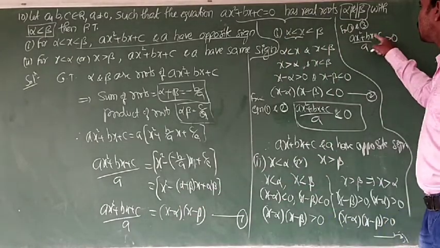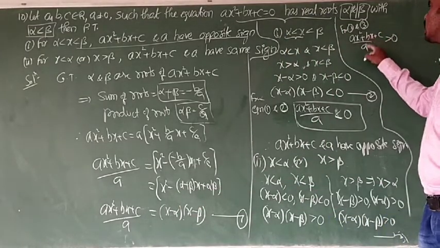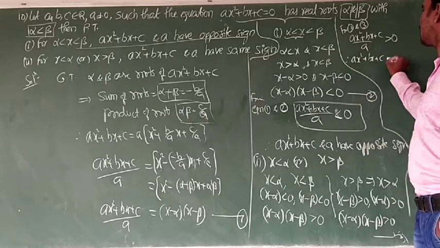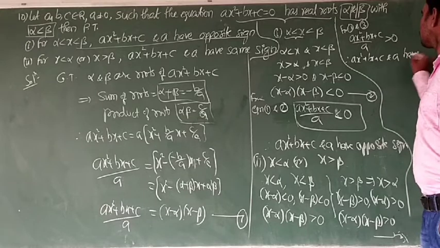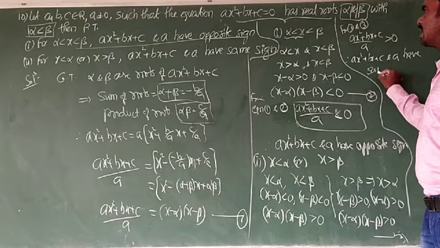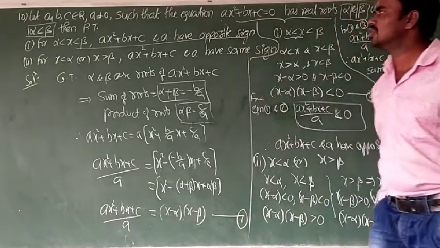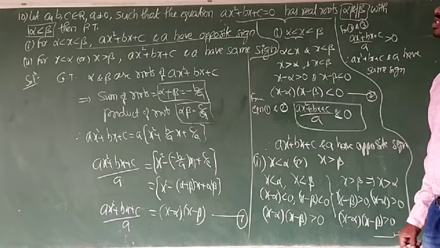If it is greater than 0, it means both are positive or both negative. Therefore, ax square plus bx plus c and a have the same sign. Same sign. Got it? Third one also true. So this is the solution of this.